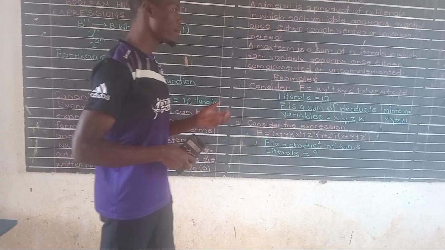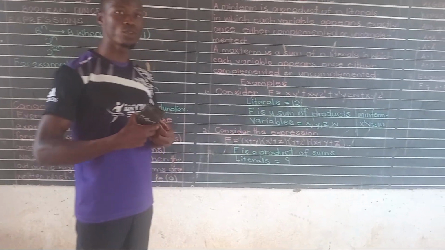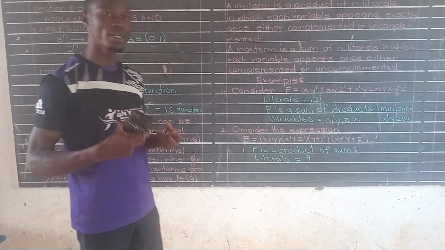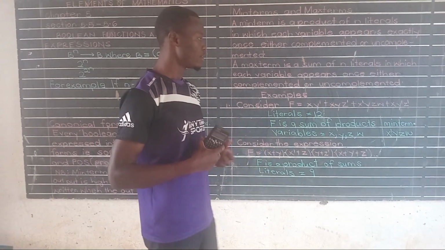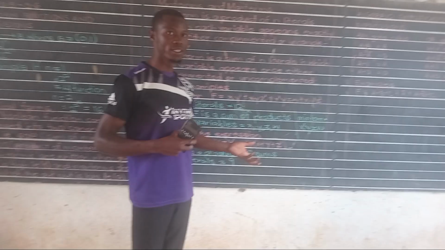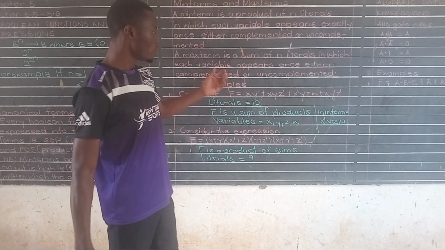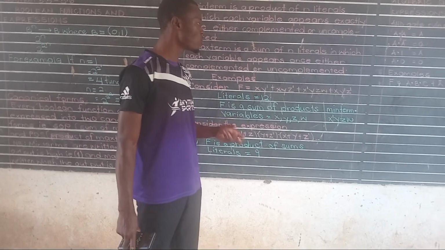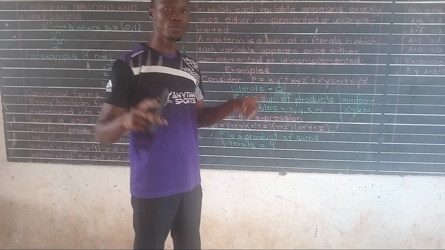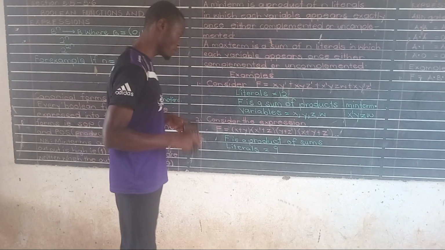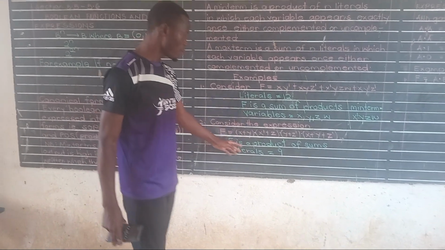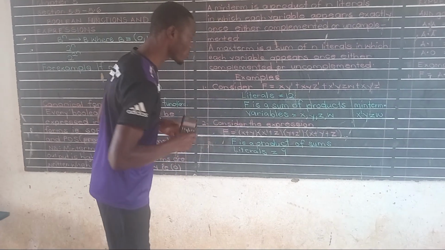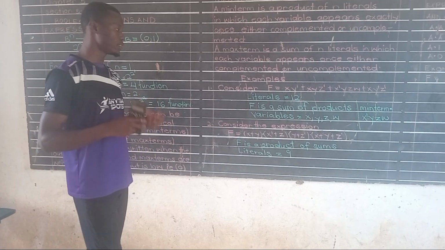We say a max term should have all the variables included, either complemented or uncomplemented, the same way we got the min term. I'm looking for the term that has all the variables. So that would be the max term.